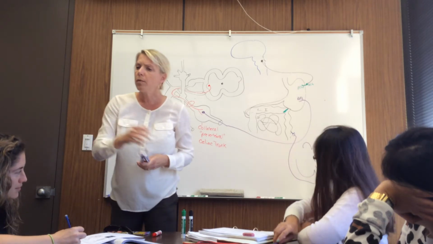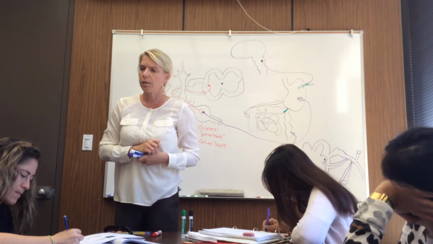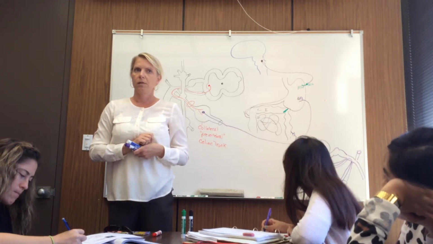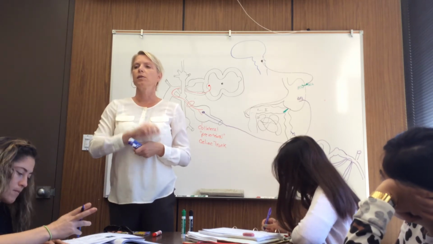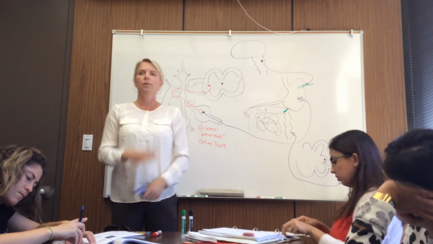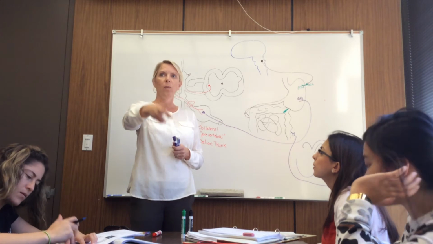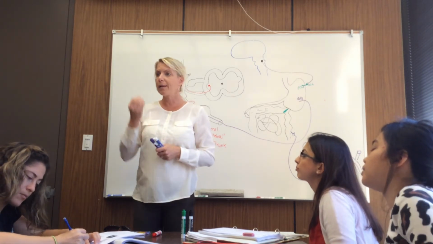What were the receptors I gave you for the sympathetic division? Nicotinic and muscarinic receptors. Nicotinic and alpha 1, alpha 2, beta 1, beta 2, beta 3.